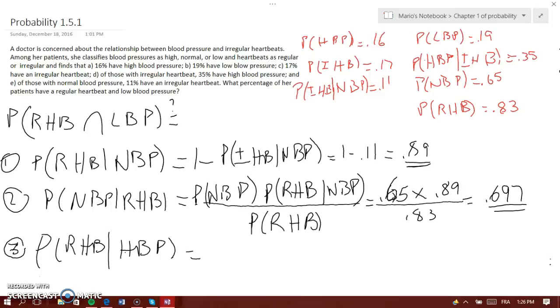So that would be equal to 1 minus the probability of irregular heartbeat given high blood pressure.